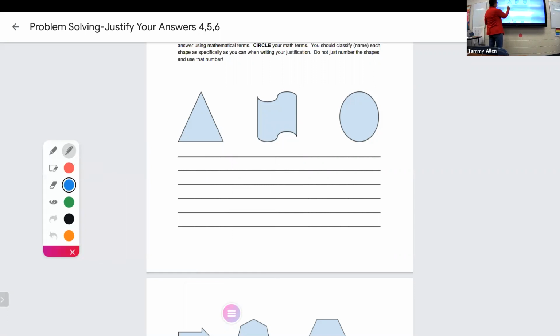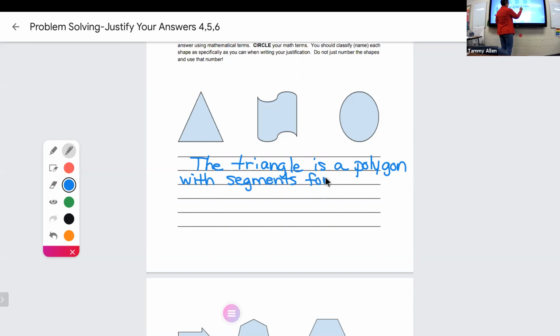All right. So the triangle is a polygon with segments or sides and is a closed figure.